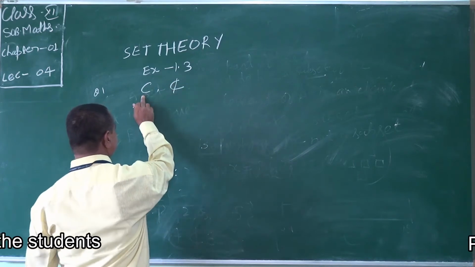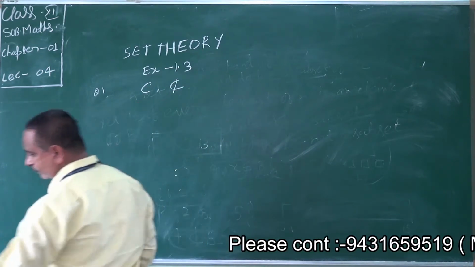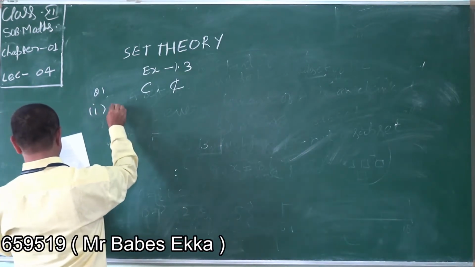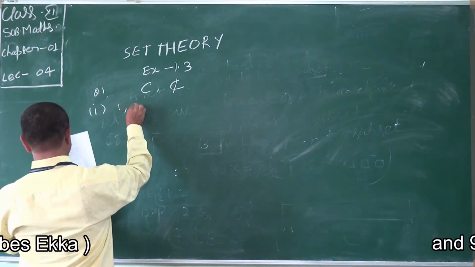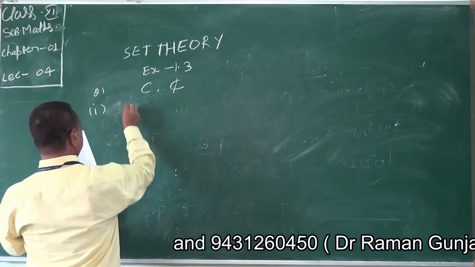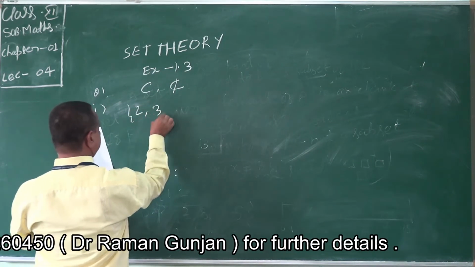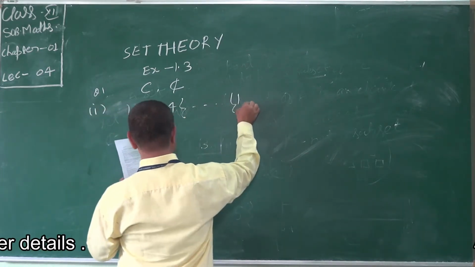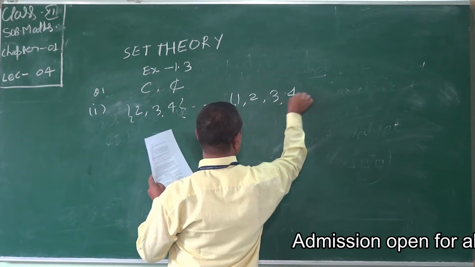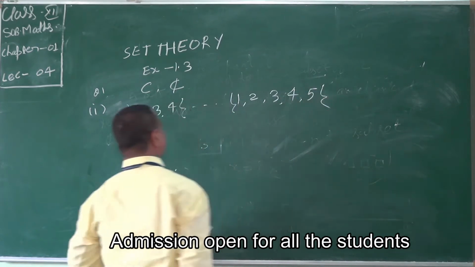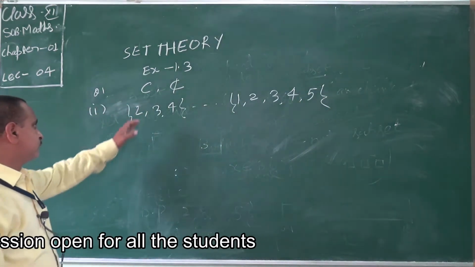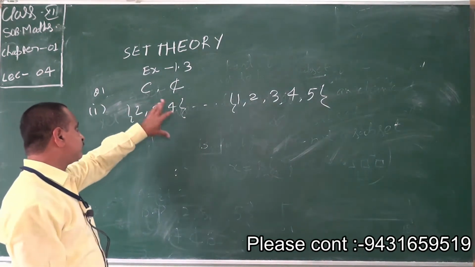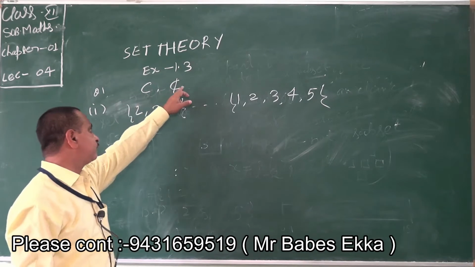It is a subset and it is not a subset, and our questions are 1, 2, 3, 4, 5. This is your question, and we have given fill in the blanks with subset and not subset.